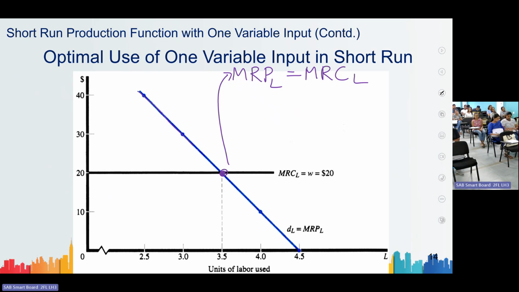Marginal revenue product of labor is greater than marginal resource cost of labor. So over this range, marginal revenue product of labor is greater than marginal resource cost of labor.